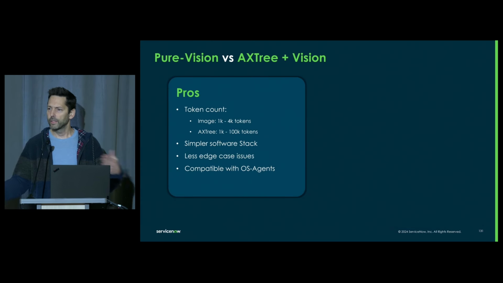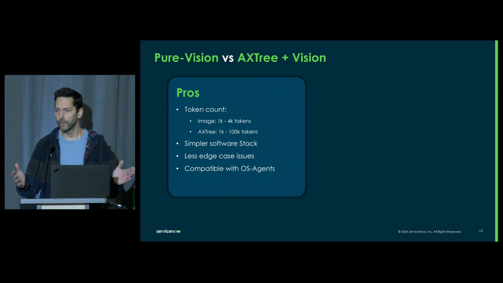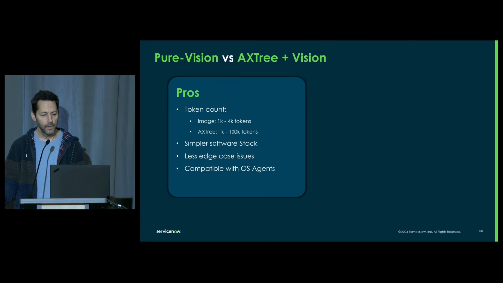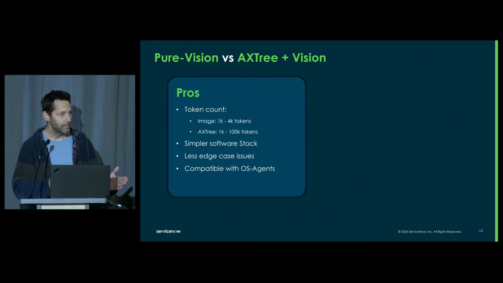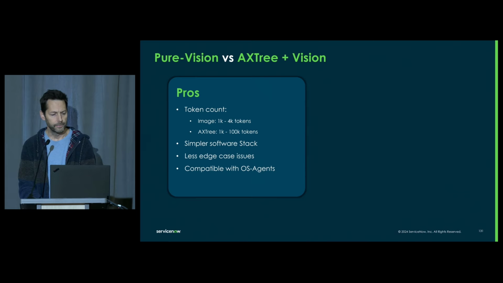So yeah, what are the trade-offs? There are pros and cons of doing so. Of course, if you work with pure vision, then you just solve your context length problem. Images are between 1,000 and 4,000 tokens, as opposed to the accessibility tree, which can be small, but it can also extend all the way to 100,000 tokens. The software stack is much simpler if you just have to take a screenshot and send a click coordinate.